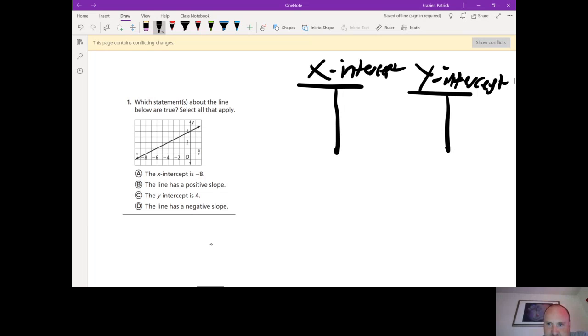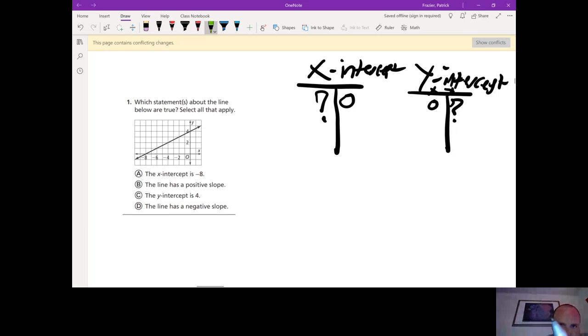With a y-intercept, it's when x is 0, what is y? With an x-intercept, it means when y is 0, what is x? And x is anything along the horizontal axis.